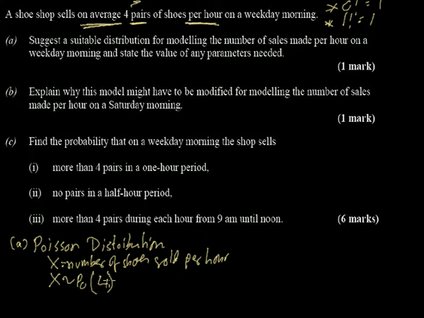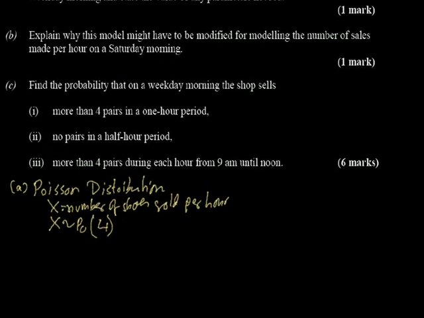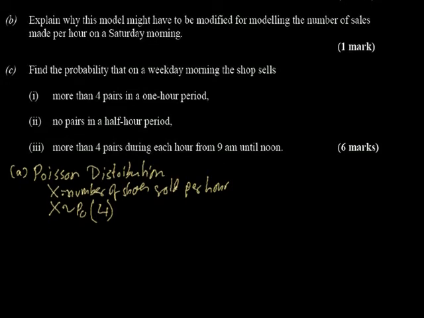So now the next question says explain why this model might have to be modified for modeling the number of sales made per hour on a Saturday morning. This is actually a question that can be more or less considered a common sense question rather than an actual question, because we are talking about weekdays. Weekdays means days that are not holidays, and Saturday is a holiday.